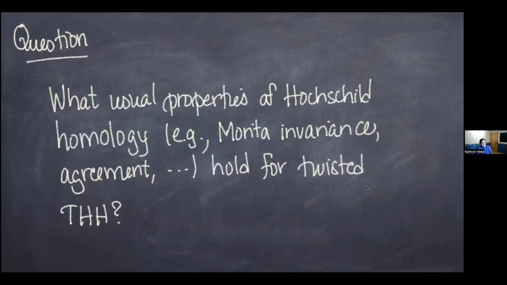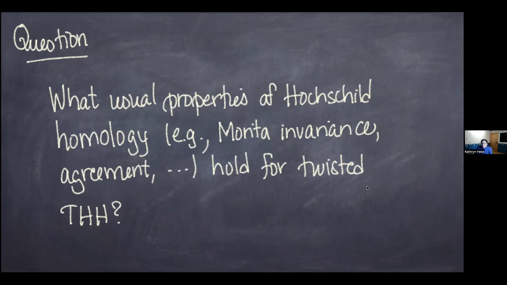But then one question that I found intriguing, that we decided to work on, is: do the usual properties of Hochschild homology that are important, such as Morita invariance, which I'll recall, and such as agreement, which I'll also recall, hold also for this twisted THH? Because you'd like to know that it was part of the same kind of family of theories. And so we wanted to investigate those questions.